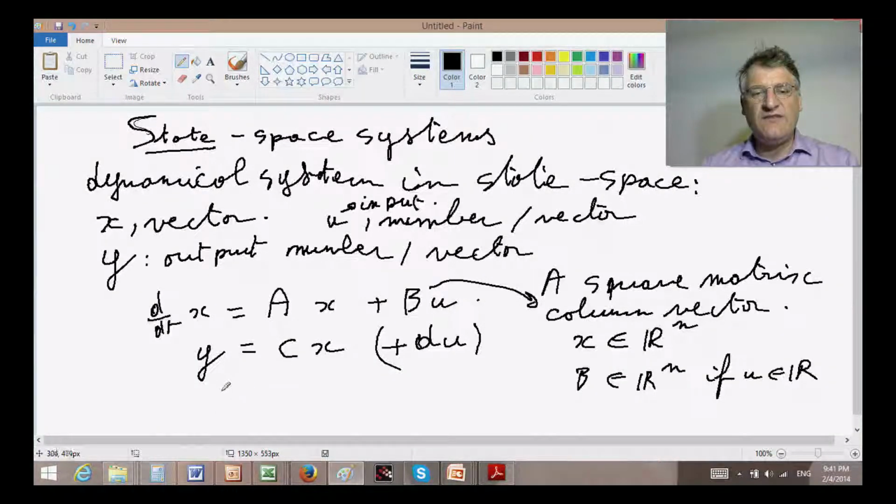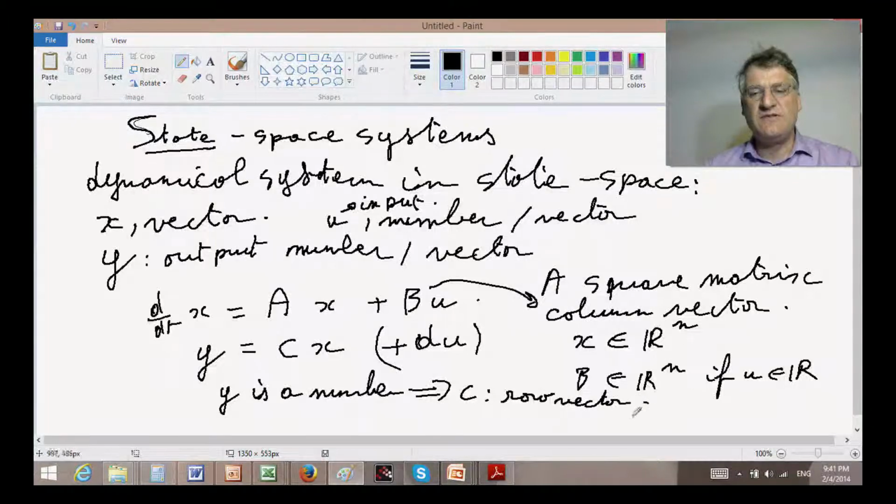And likewise, if y is a number, then C is a row vector of dimension n.